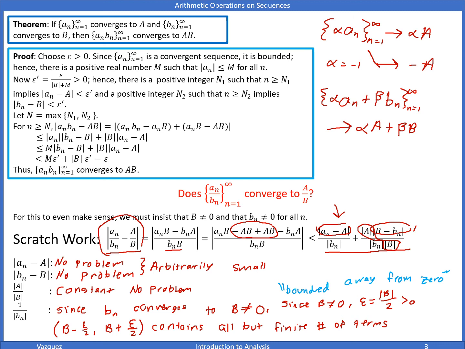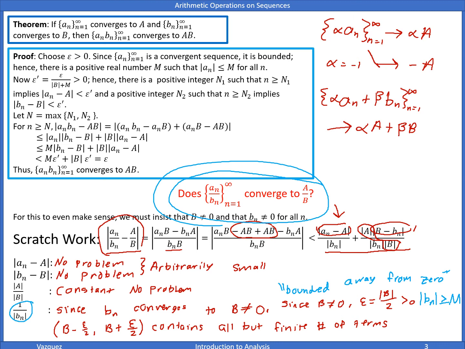In other words, b_n is greater than or equal to m for all but a finite number of terms of the sequence. So we're going to use this to try to prove this up here. But before we do, we do need to deal with this problem first, with the 1 over b_n.